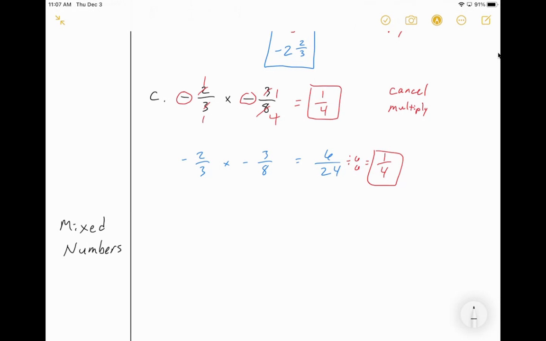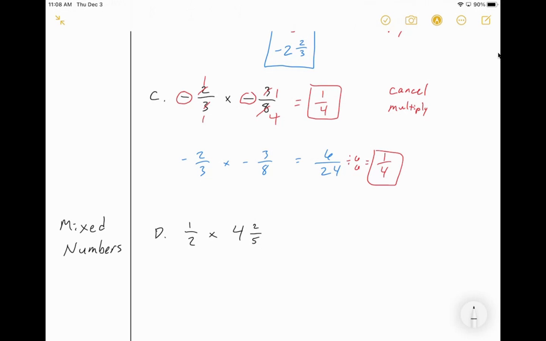So here is one way that we can do a mixed number, okay? Let's start with 1/2 times 4 2/5. All right, so again, it's hard to do a fraction and a whole number, and a fraction and a mixed number is even harder.